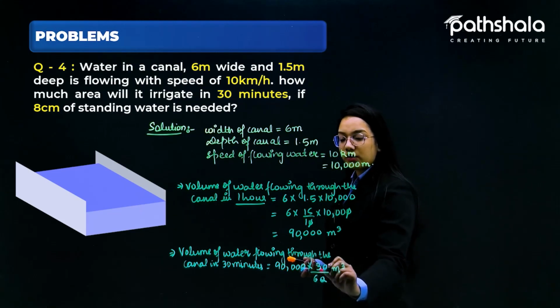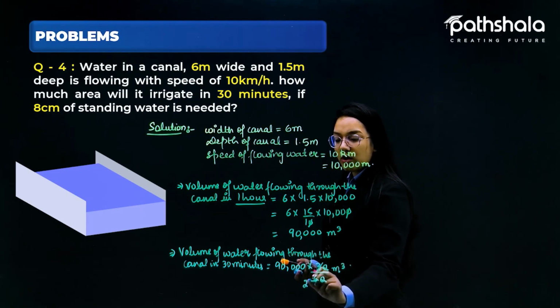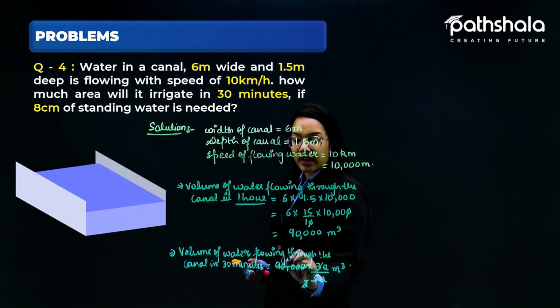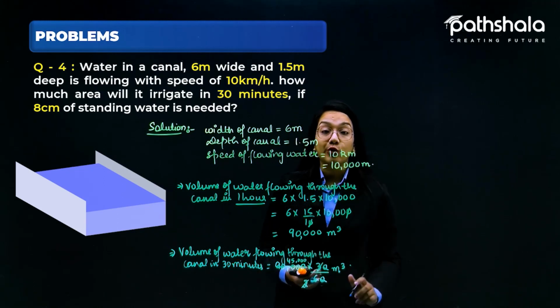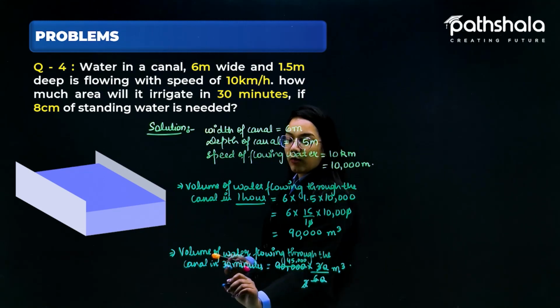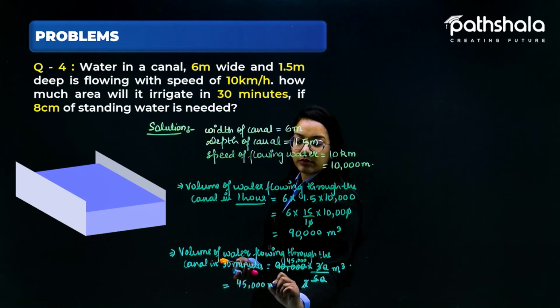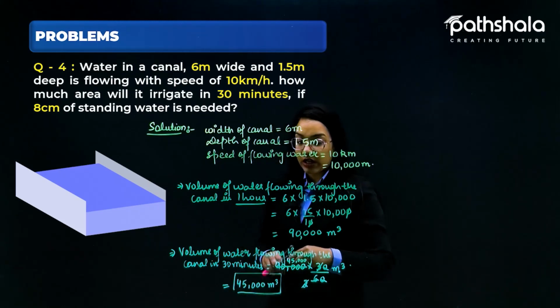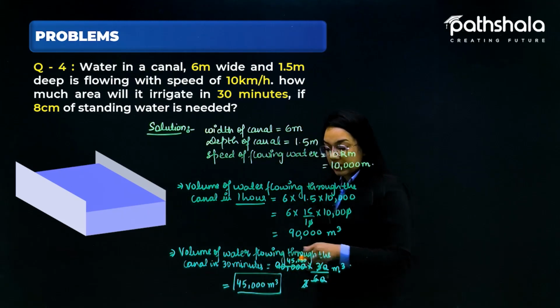Sorting it out, it is 45,000 meter cube. So at the end we get the volume of water flowing through the canal in just 30 minutes as 45,000 meter cube.